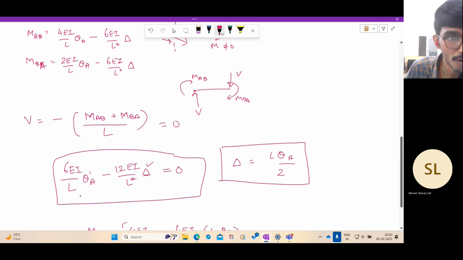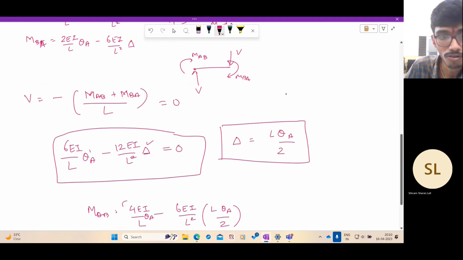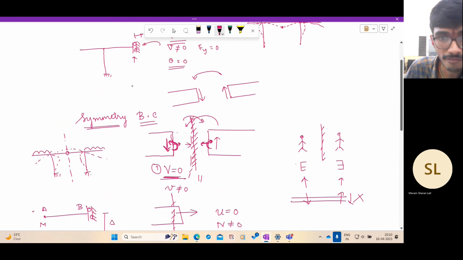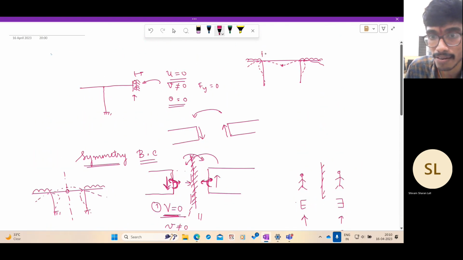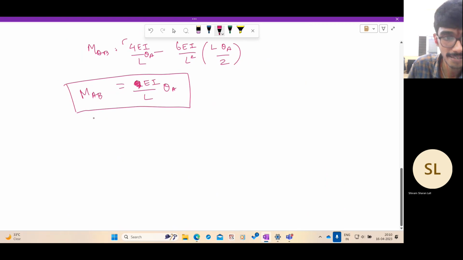Now note that whatever L we took is actually half of the length of the full beam. So we have only taken half the length. If the full beam length is L naught, here it is L by 2. L is equal to L naught by 2. So what is the relation here? MAB is EI by whatever L original length by 2.